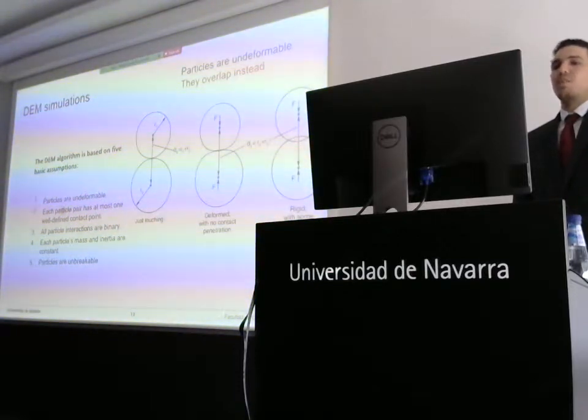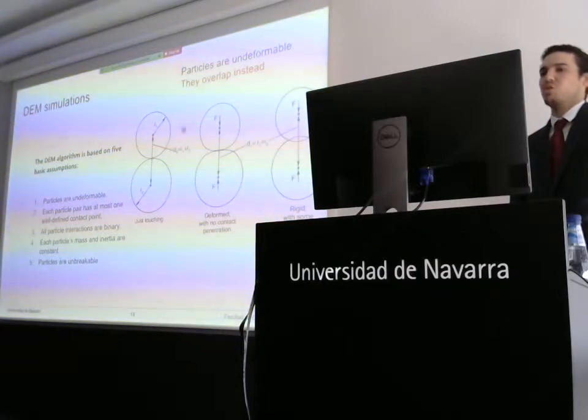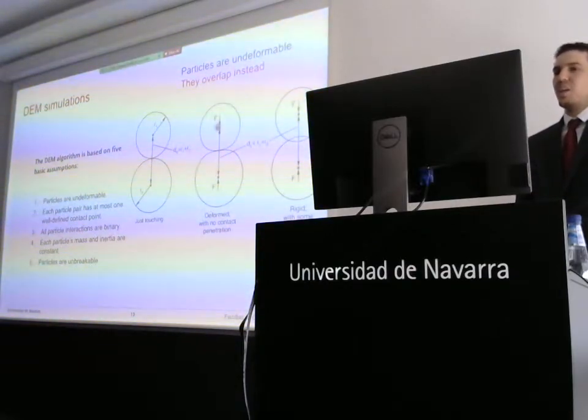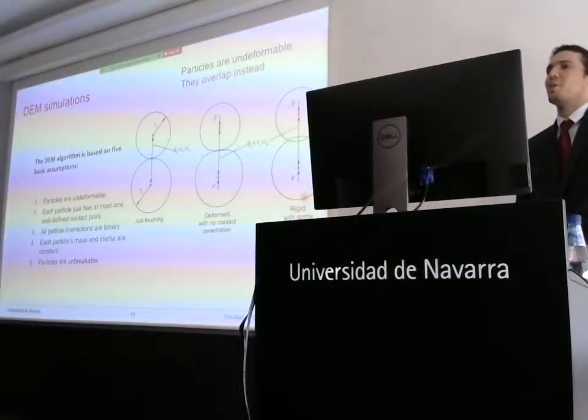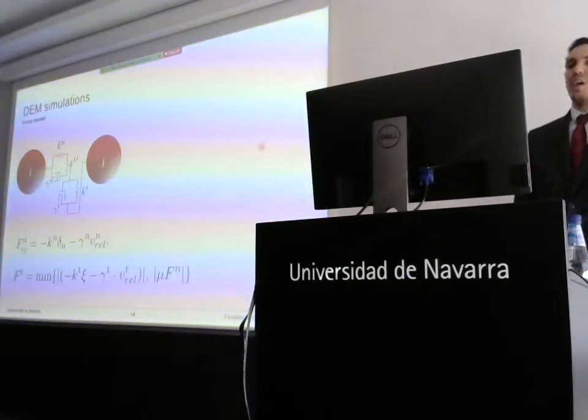One of the assumptions that I would like to go deeper into is that particles are undeformable, because in reality, particles in nature deform, and the DEM simulations substitute this deformation by an overlapping between the particles. Depending on this overlapping, we can obtain the force between the particles. So, what is the force model that has been widely used in the literature?